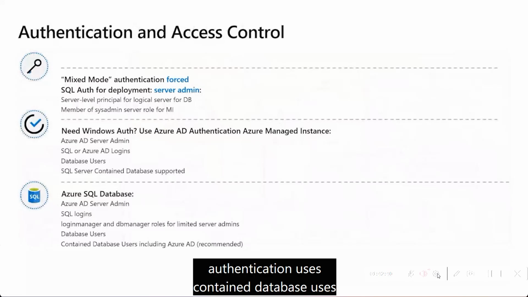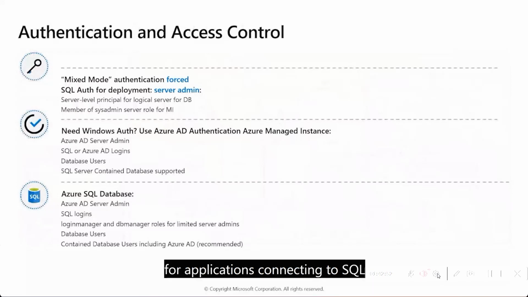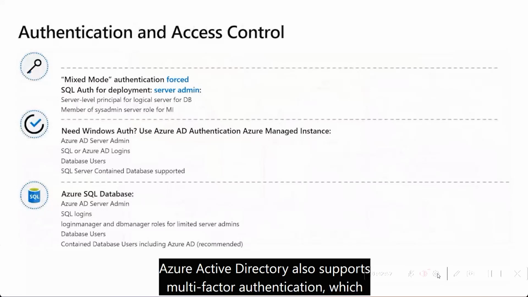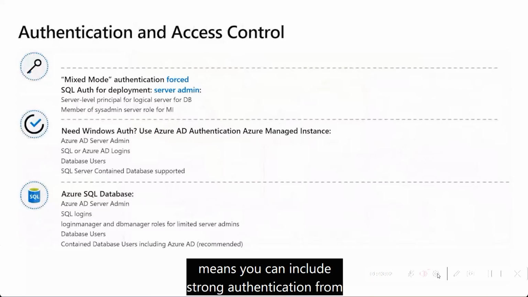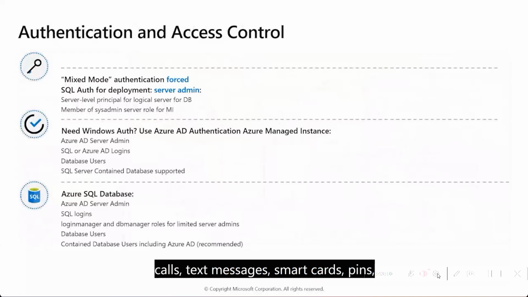Azure AD authentication uses contained database users to authenticate identities at the database level. Azure Active Directory also supports token-based authentication for applications connecting to SQL database and SQL managed instances. And Azure Active Directory also supports multi-factor authentication, which means you can include strong authentication from a bunch of verification options like phone calls, text messages, smart cards, pins, or a mobile app notification.